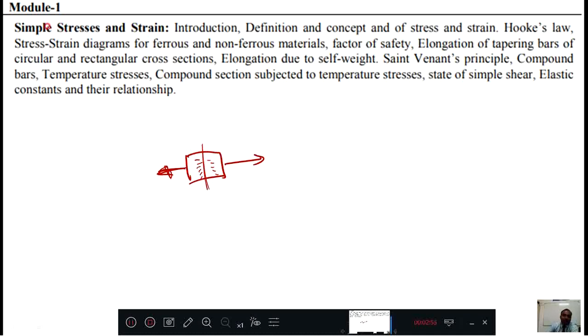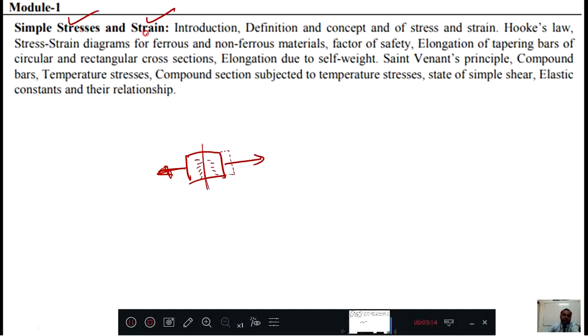That resistance is called stress, and because of these forces it will deform, it will change its shape or size, and that we will call strain. The detailed information we will see later.